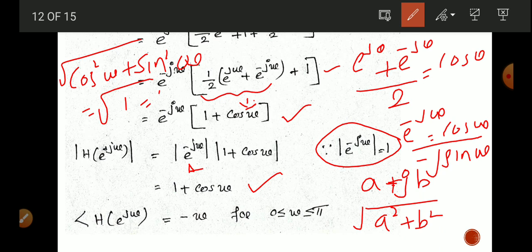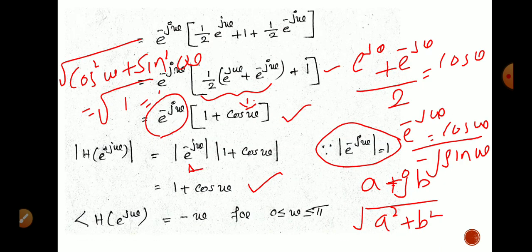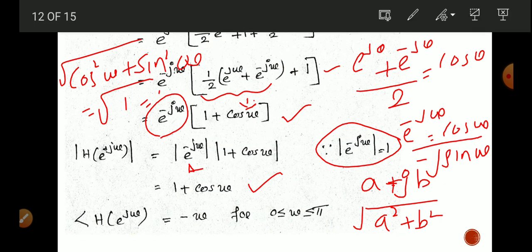Similarly, angle h of e raised to j omega equals minus omega. Here e raised to minus j omega is the term, so the angle of this expression becomes minus omega.